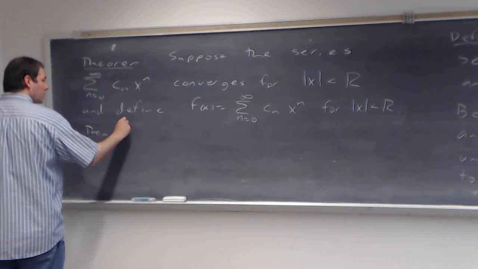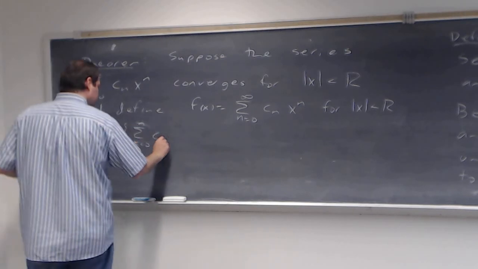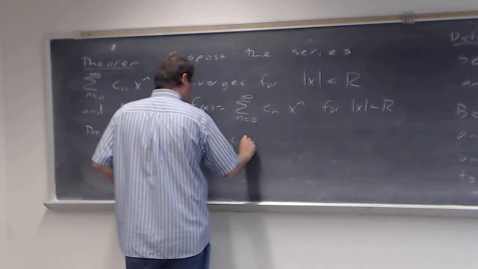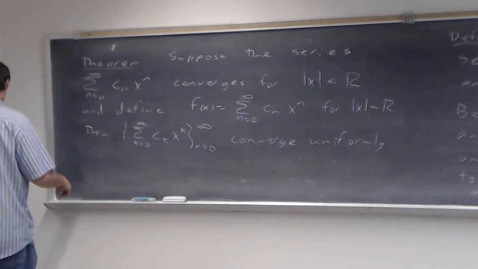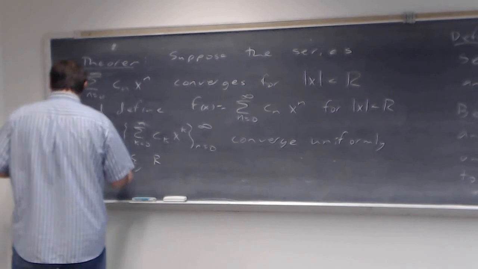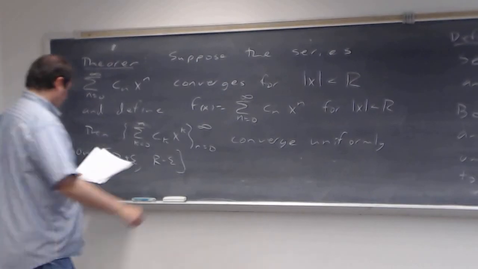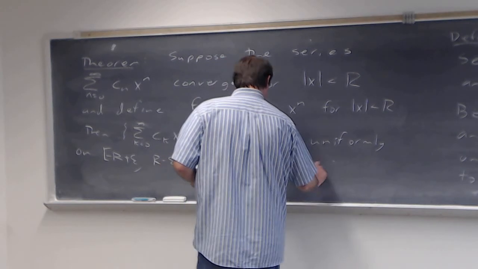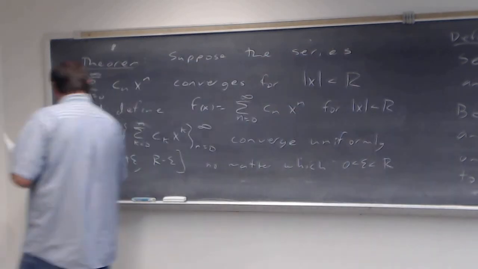Then the sequence of partial sums converges uniformly on the closed interval from minus r plus epsilon up to r minus epsilon, no matter which epsilon bigger than 0, less than r is chosen.